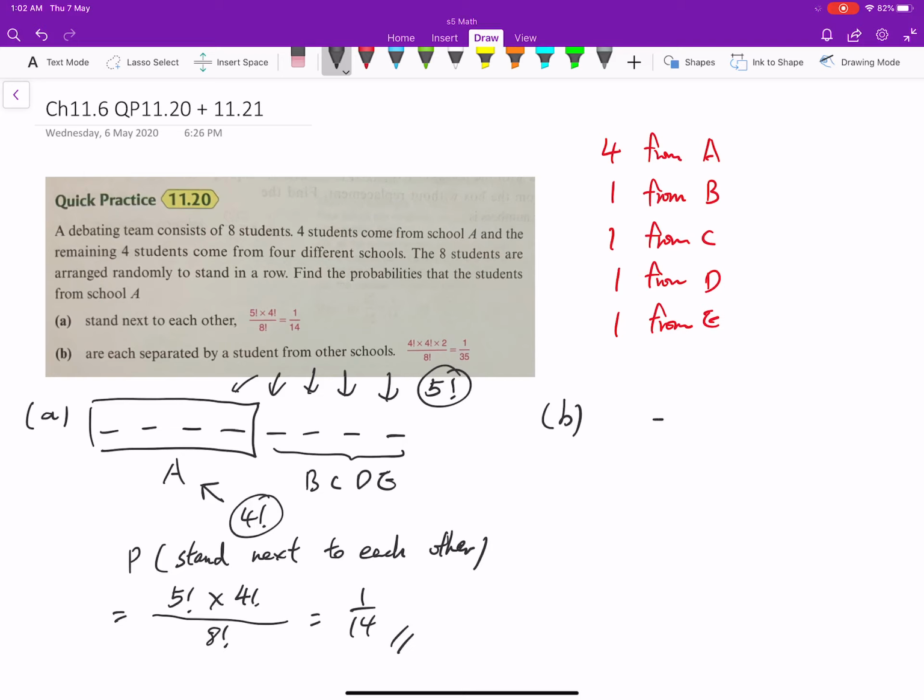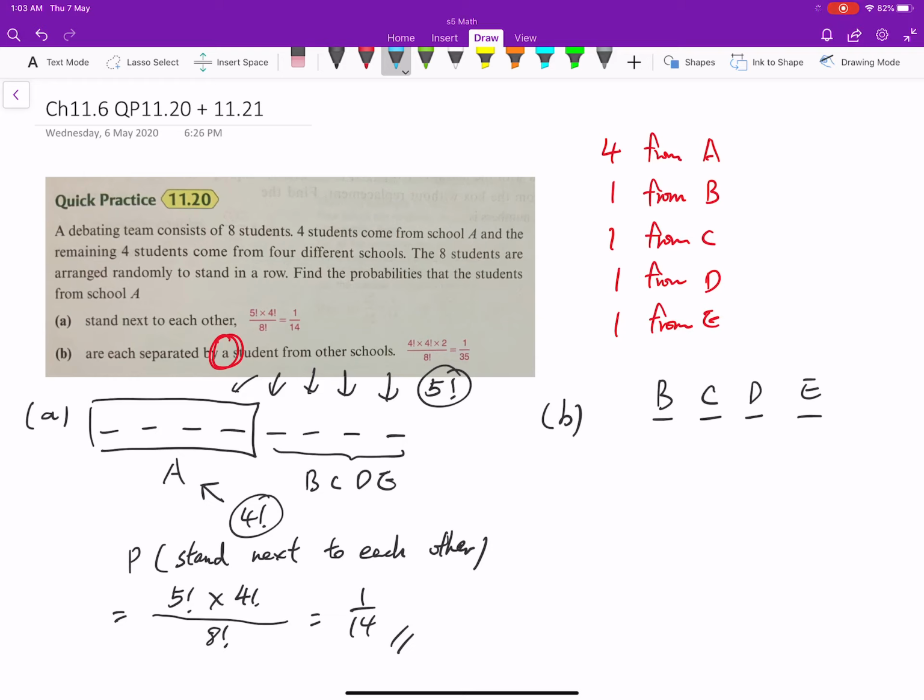So we first put the students from other school. So we have this, right? So look at the questions carefully. Now the students from school A are separate by only 1 student, right? Only 1 student from other school. So it cannot be 2 or more. So you need to find the number of cases, like manually.